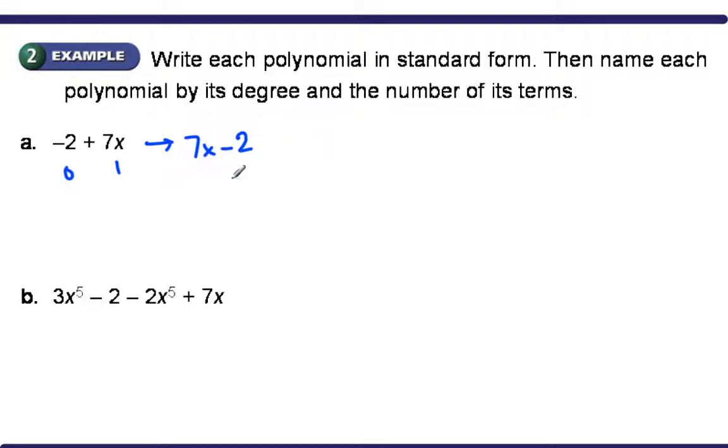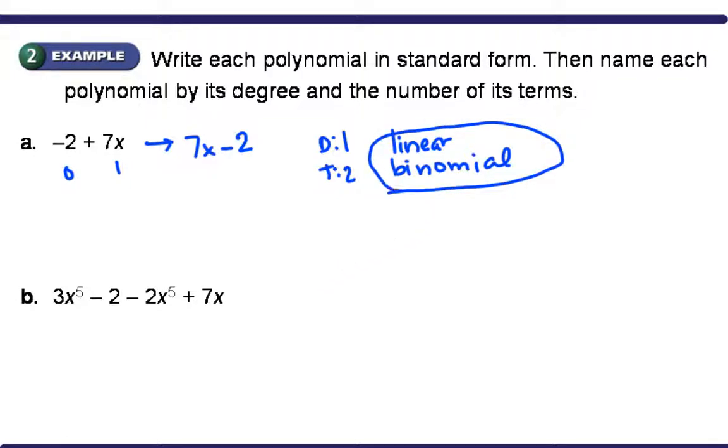Now there's two terms, right? It's degree 1. So because it's degree 1 and there are two terms, we know this is going to be a linear binomial. And that's what you would need to have.